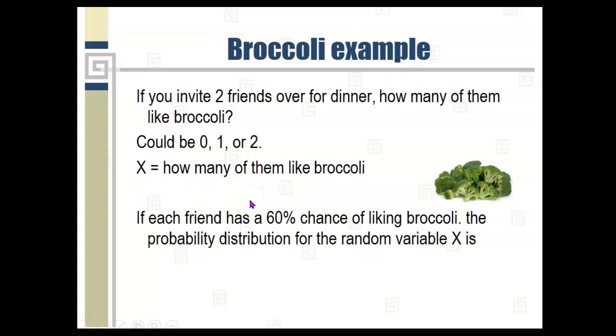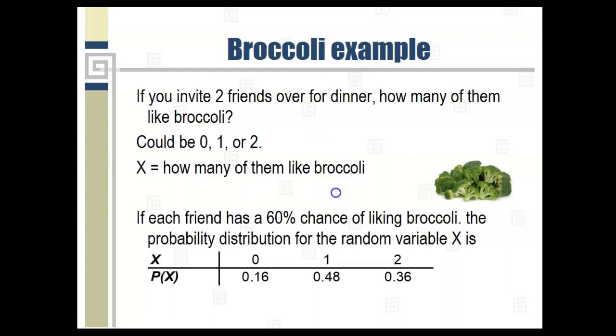And if each one has a 60% chance of liking broccoli, then the probability distribution for the random variable would look like this. X, that is the number of friends who like broccoli out of the 2 you invite over, could be 0, could be 1, or it could be 2. And then here are the probabilities for each of those.